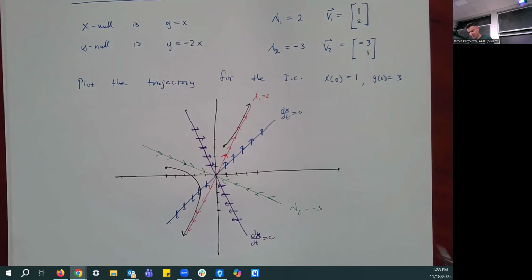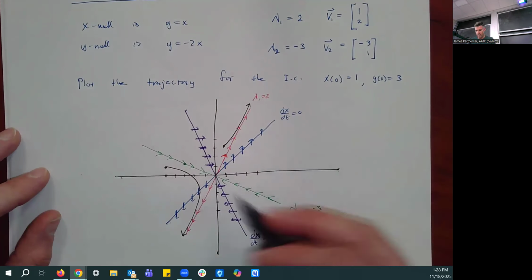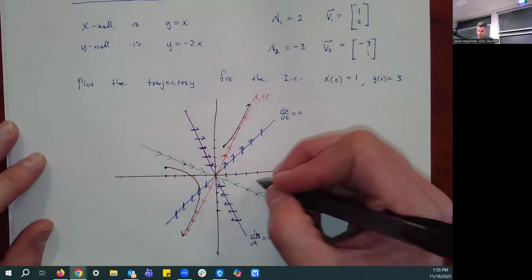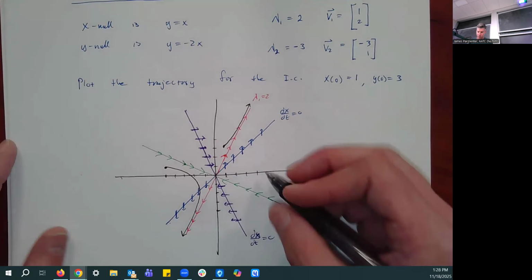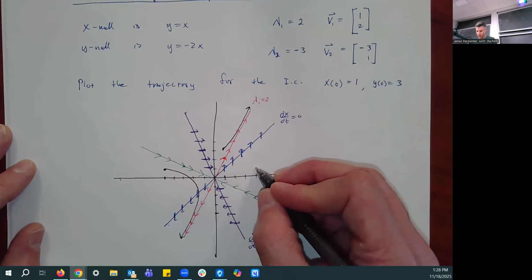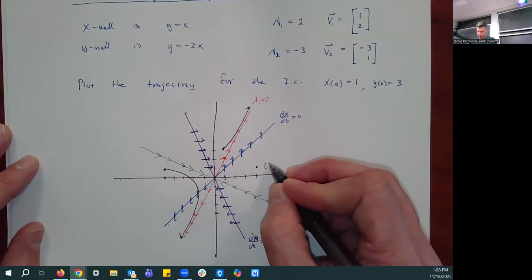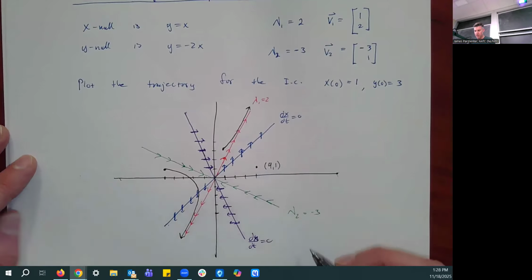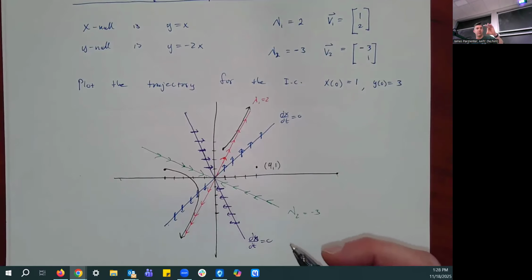But I was trying to address the question I had heard earlier. The thing that's important to remember is that if you are trying to draw the trajectory for starting at some point like here, 4, 1, you have to cross the nullcline in the appropriate purely vertical or purely horizontal direction.